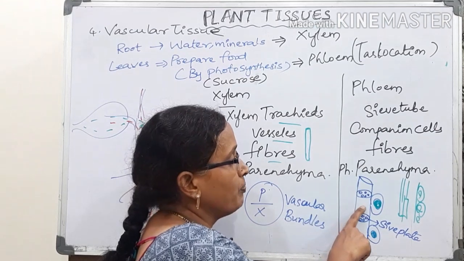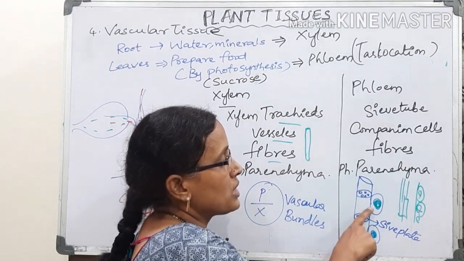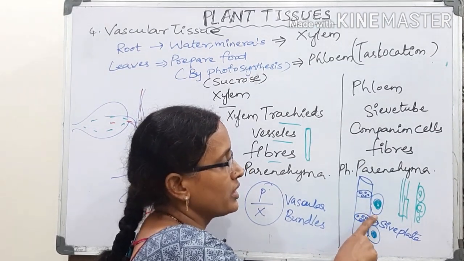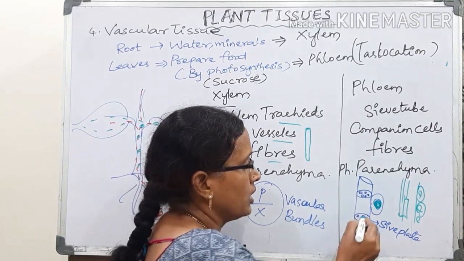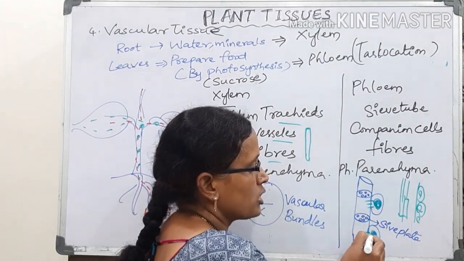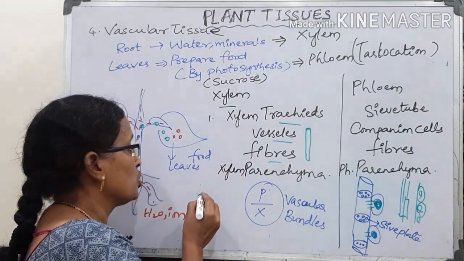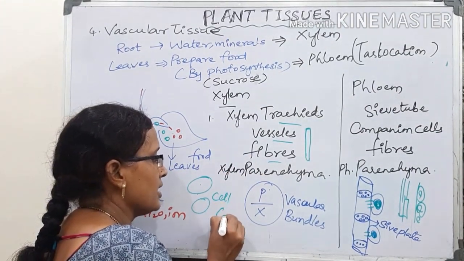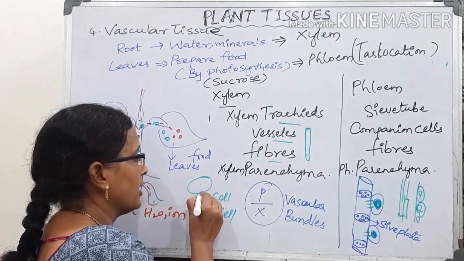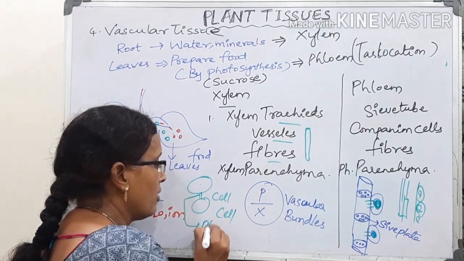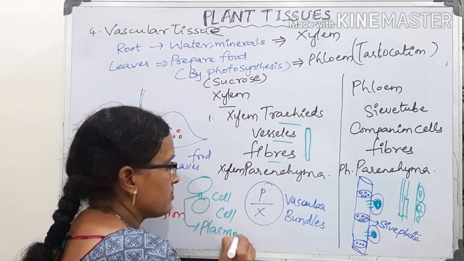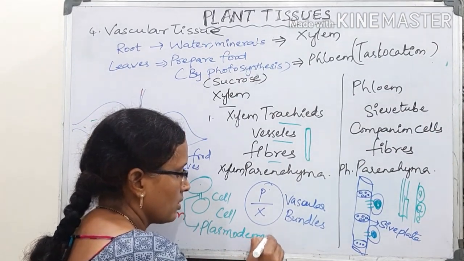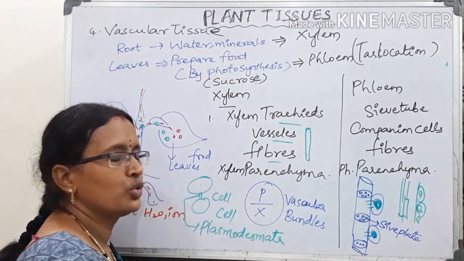The sieve tube is associated with companion cells, and both are connected with plasmodesmata. You should remember that any cell is connected with another cell with the help of plasmodesmata, the connection between two cells.